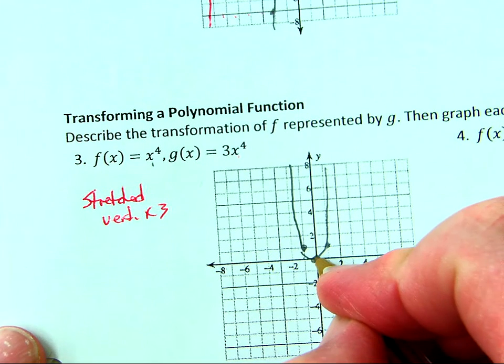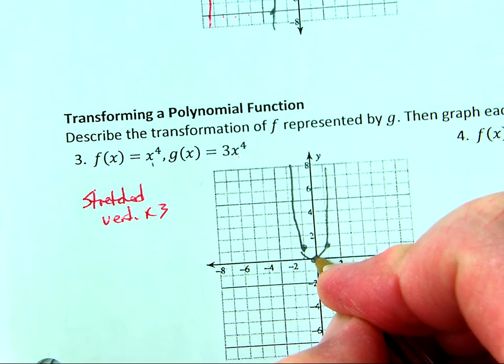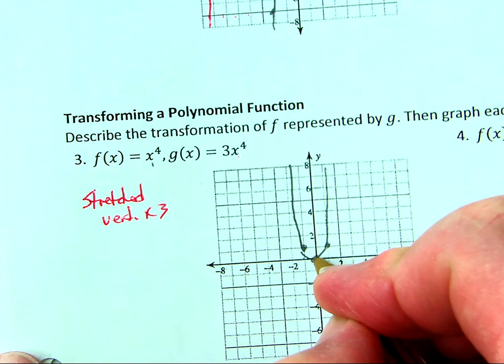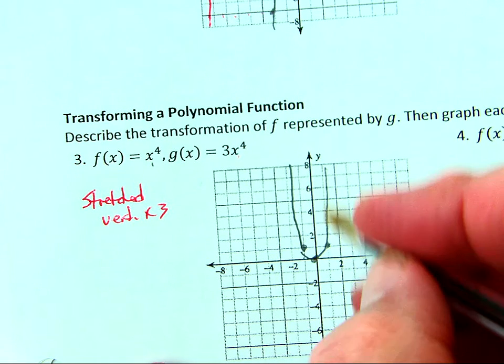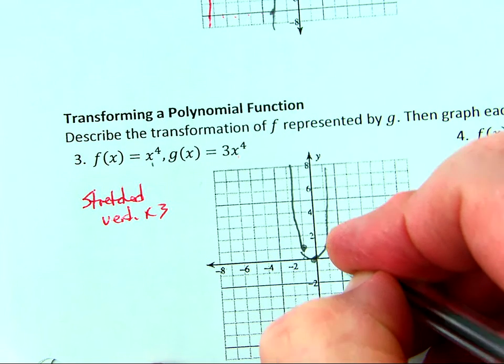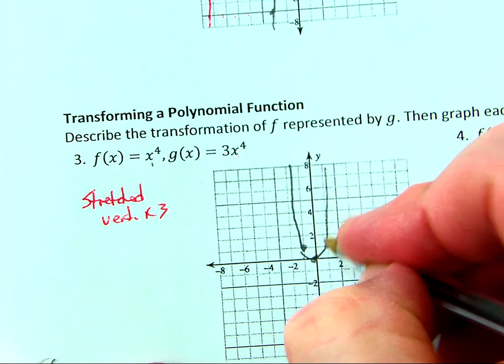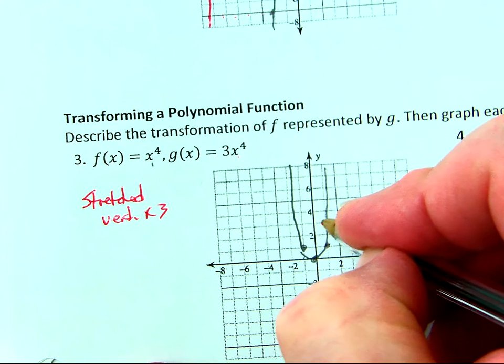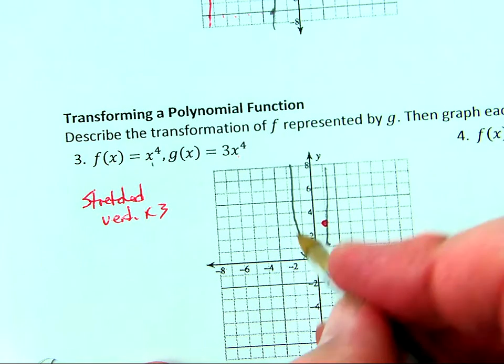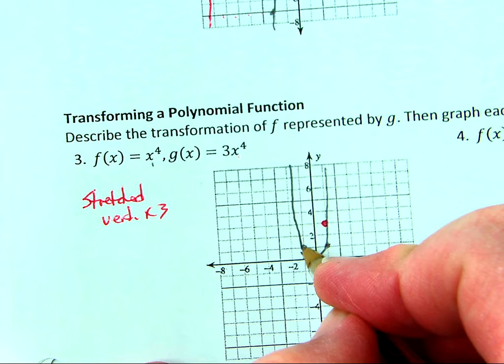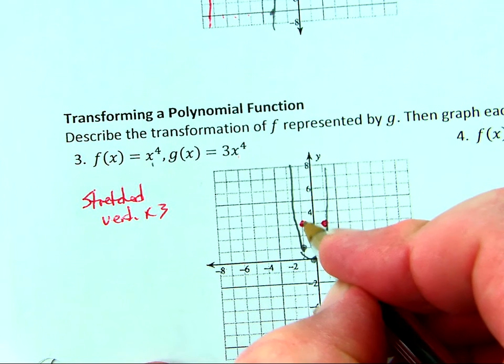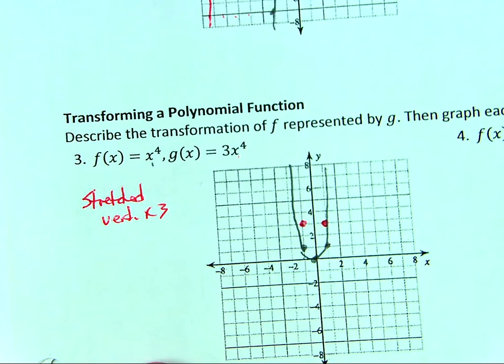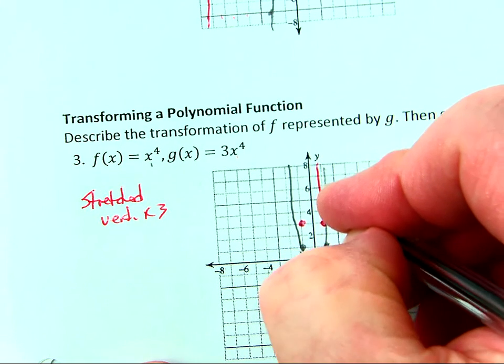So this one was 0, 0. Well, our y-coordinate is 0. 0 times 3 is still 0, so we stay right there. Now this one, our y-coordinate is 1. Now we multiply it by 3. 1 times 3 is 3, so the point 1, 3 is on there. Same way here, our y-coordinate is 1. 1 times 3 is 3, so negative 1, 3. So this graph is just going to look kind of like this.